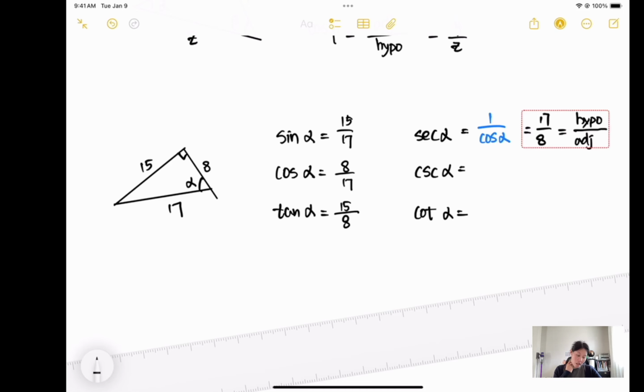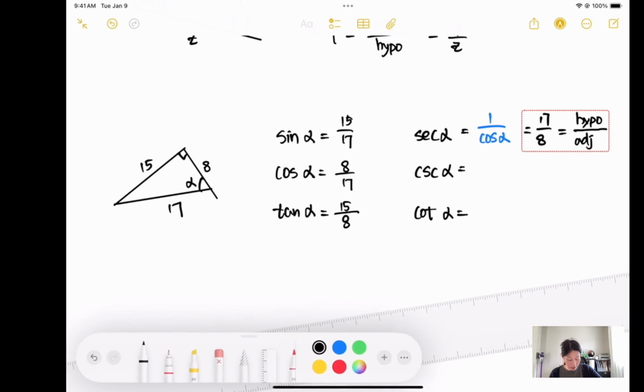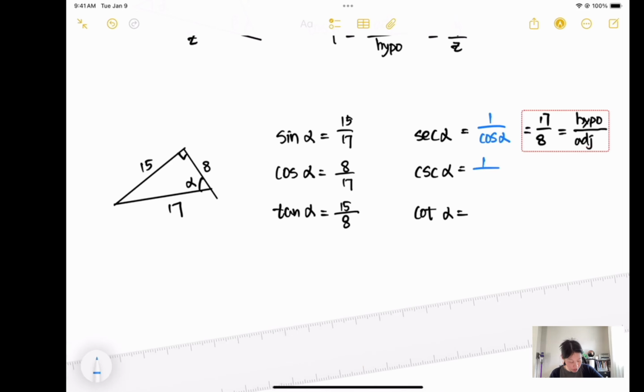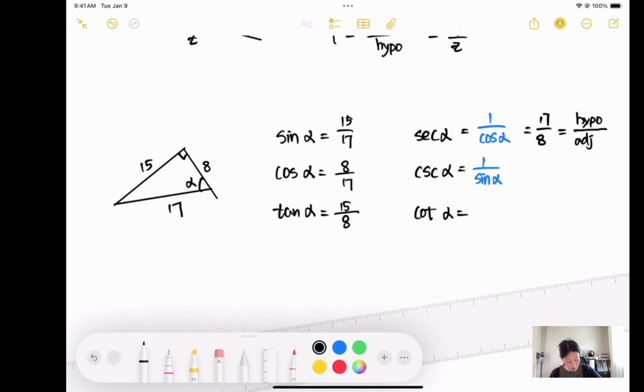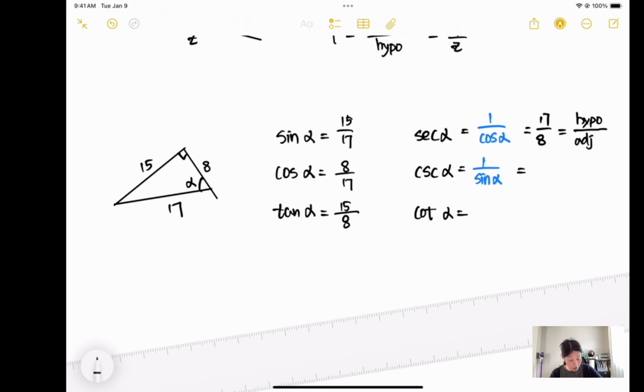Okay, cosecant is the reciprocal of sine alpha. So our sine alpha is equal to 15 over 17, so the cosecant alpha is 17 over 15. Or you can remember the definition, which is the hypotenuse over the opposite side.